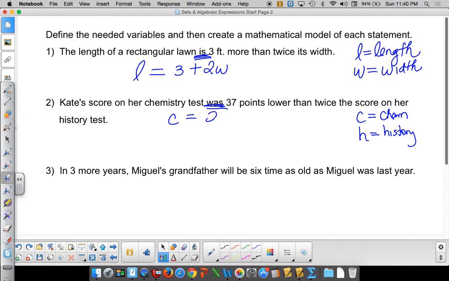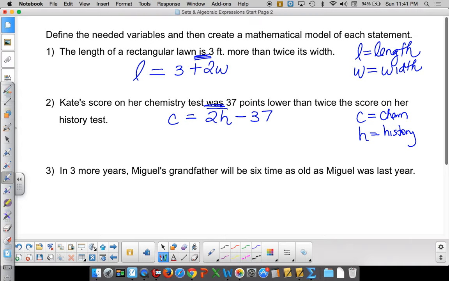So you'd have to start with her history test, twice her history test, and then go 37 points lower. People have a tendency to want to take the chemistry test and subtract 37. Stop and ask yourself if that's logical. Which was the higher score? Which was the lower score? It's common sense, but the grammar of the sentence tells you what to do.